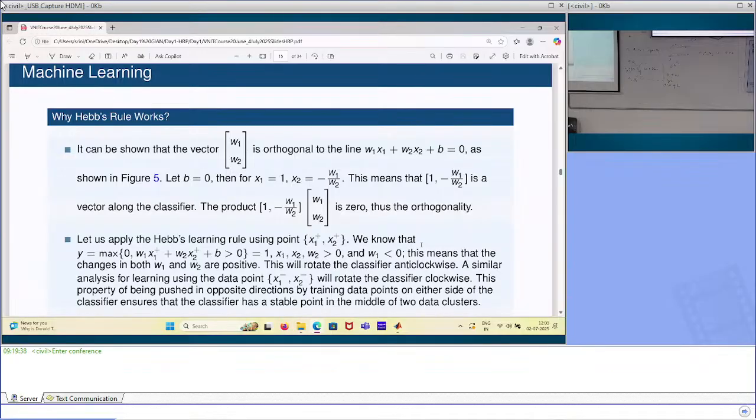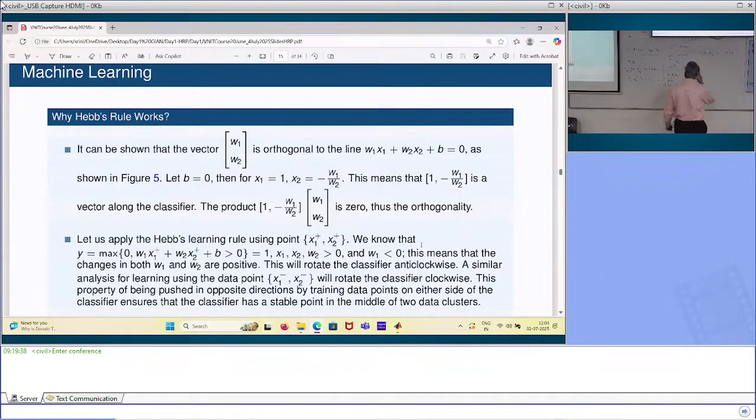I tell you, so I can choose anything you like. And then if x1 and x2 are positive, then w1 and w2 have to have different signs, because they should add to get 0, right? So one has to be positive, another negative.